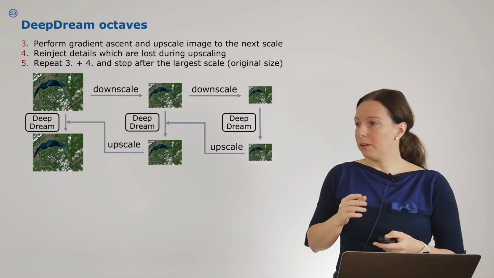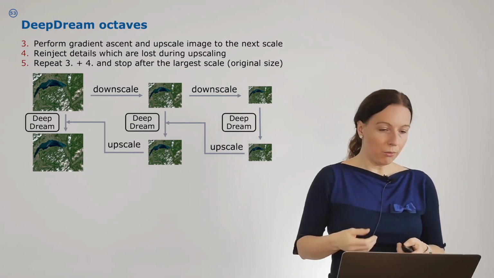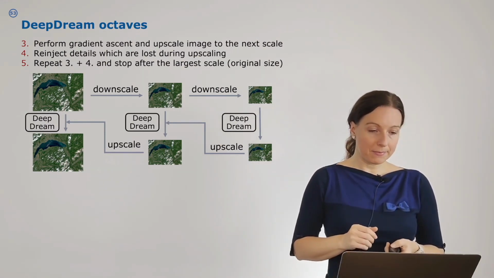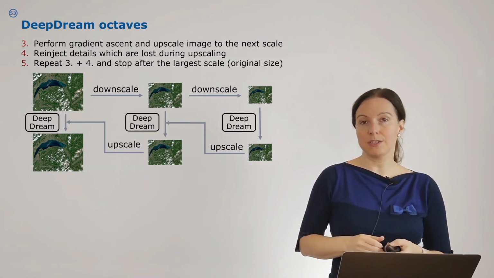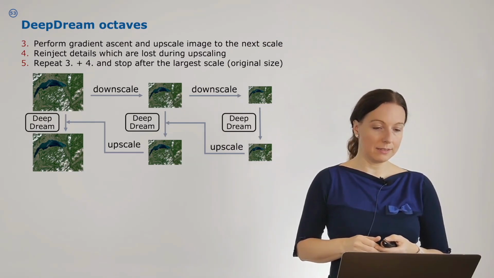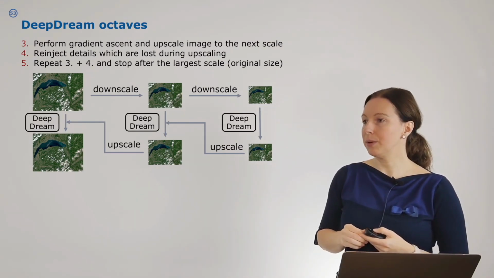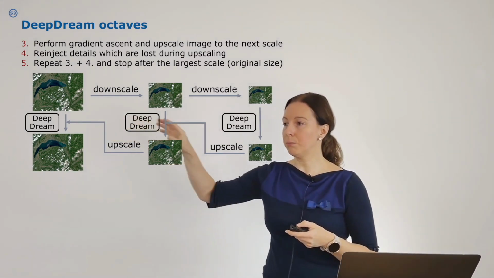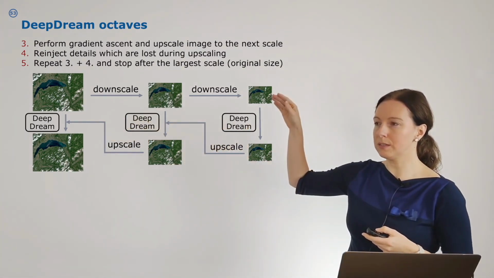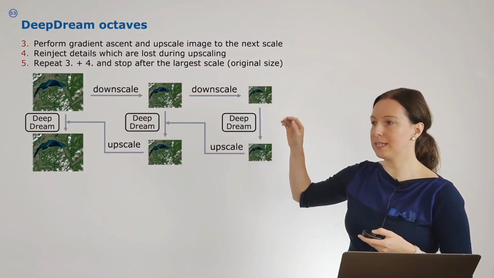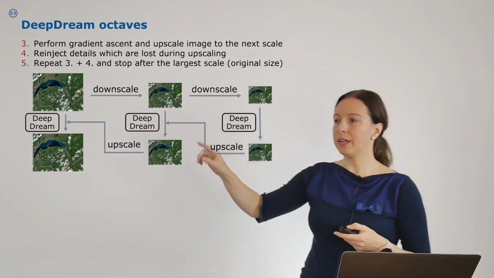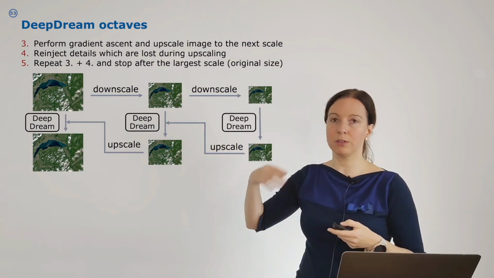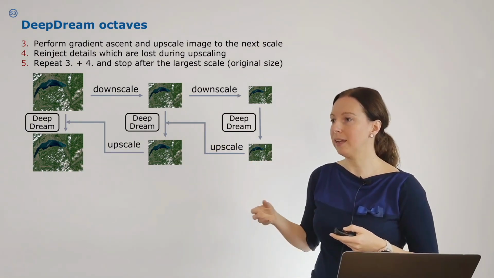And repeat steps 3 and 4 and stop after the larger scale, when the original size is reached. To summarize, on all scales you perform deep dream, you start on the smallest scale, and you re-inject the lost information due to the downscaling and upscaling procedure.